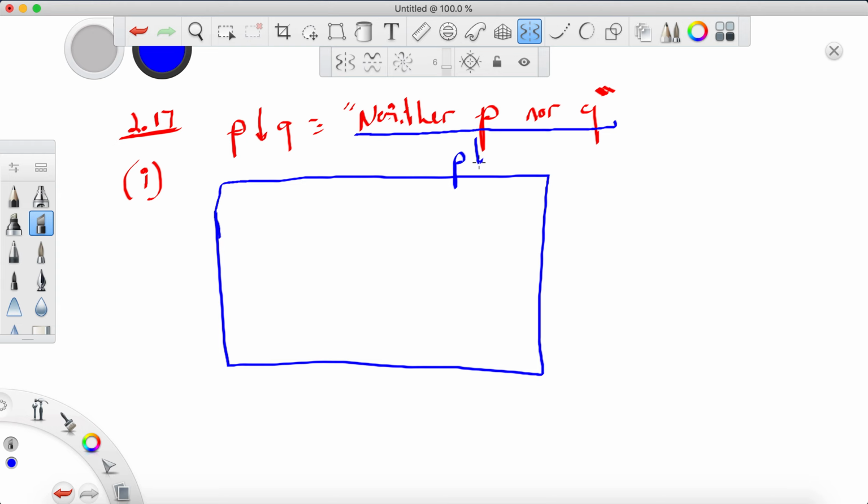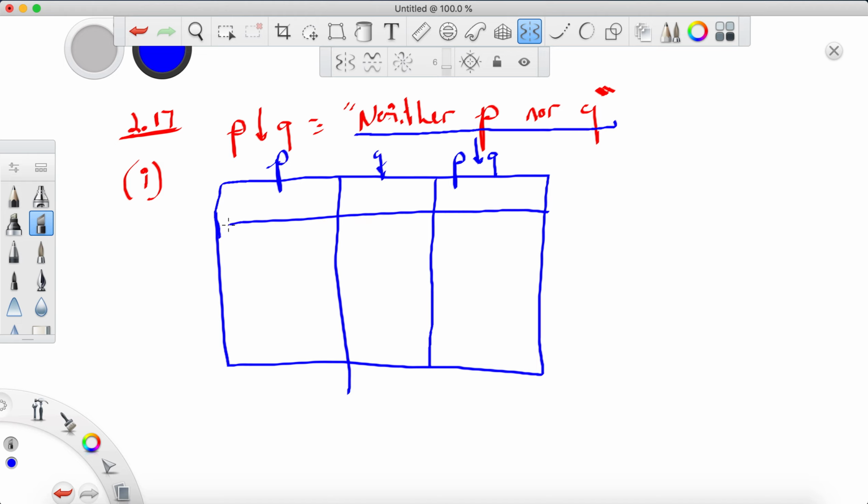So here's neither P nor Q. I have P and I have Q, and there are two atoms, so that means there have to be 4 rows. Let's think about the words, neither P nor Q.